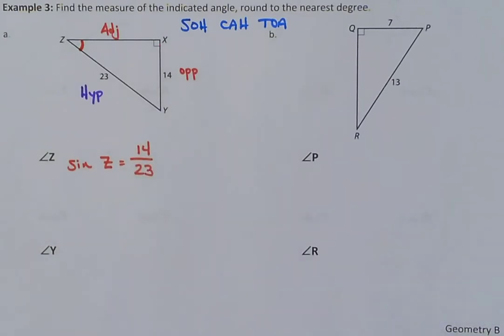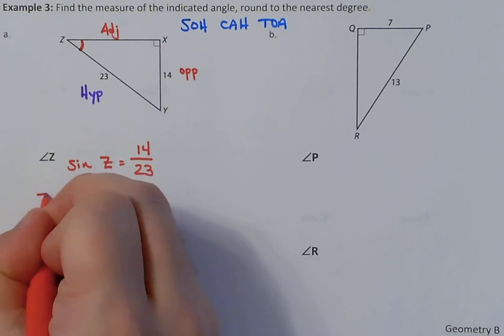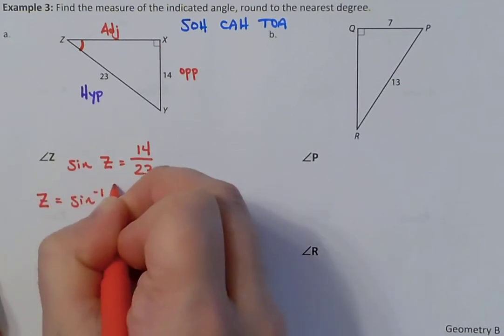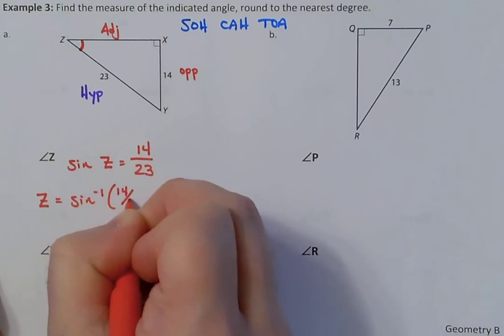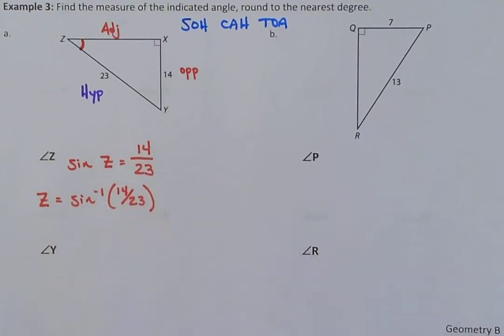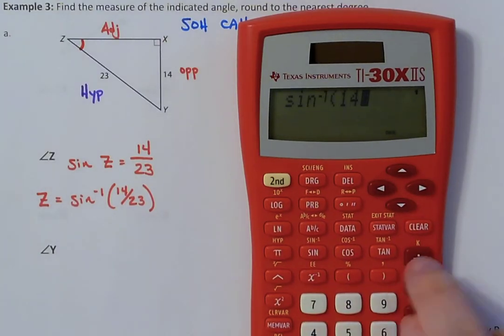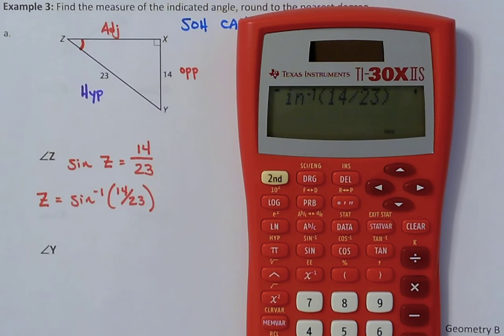Now, that's finding the trig ratio. To figure out the measure of the angle, this is where we're going to use the inverse. So we're going to do sine inverse of 14 over 23. If we do sine inverse of 14 divided by 23, we end up with 37.49.